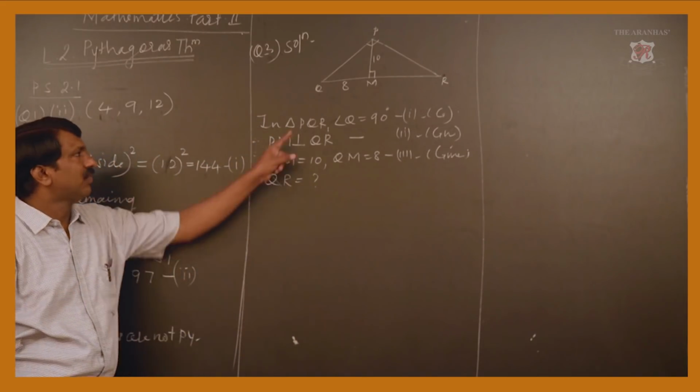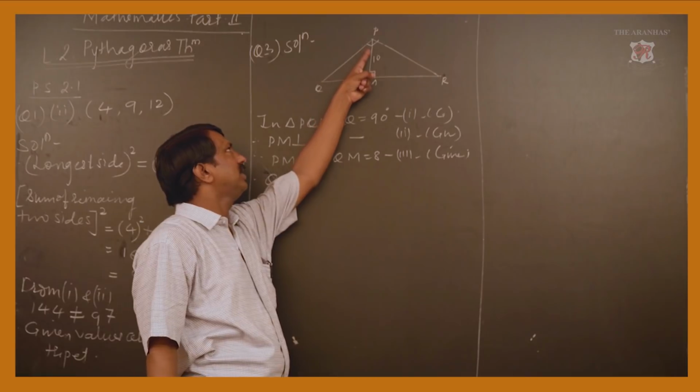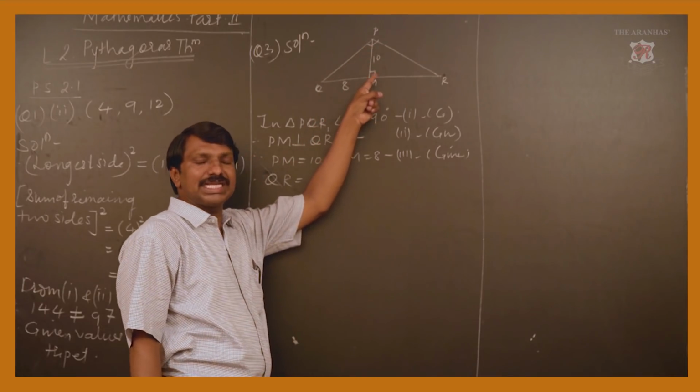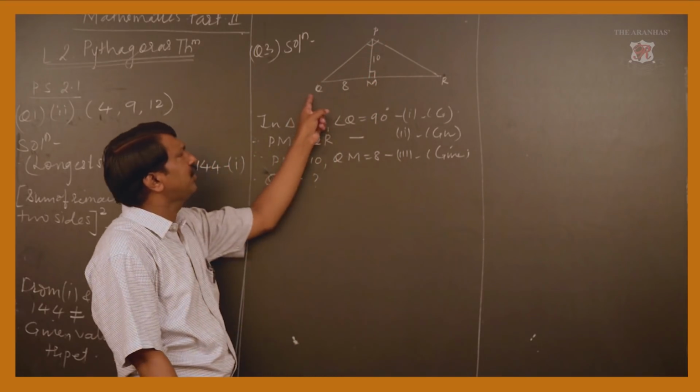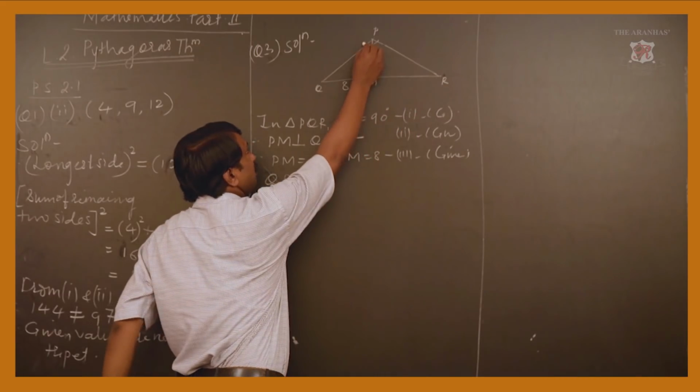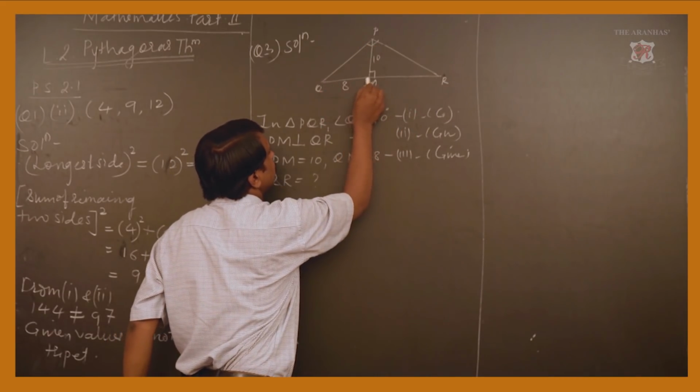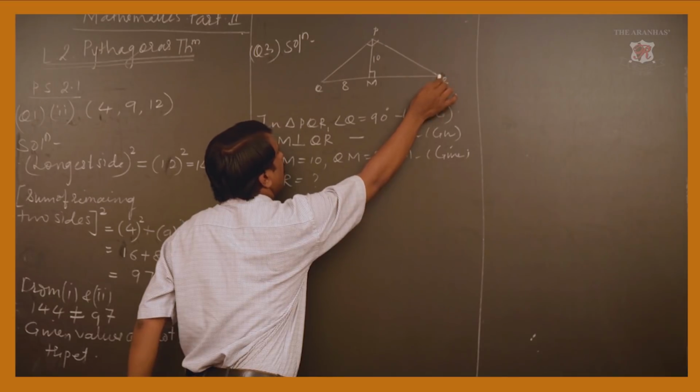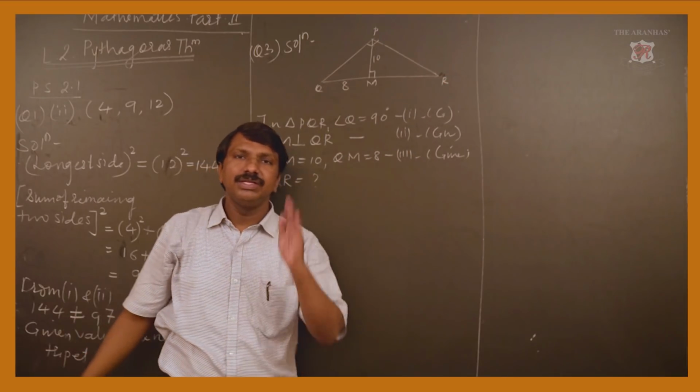Simply think: angle Q is 90, from the 90 degree vertex they constructed the altitude, so this QR segment is the hypotenuse of the triangle, the side opposite the 90 degrees.